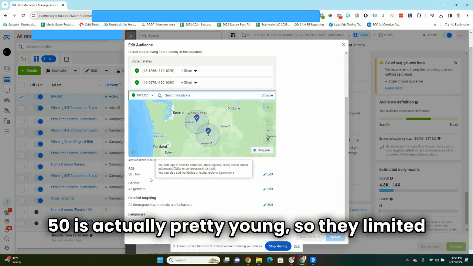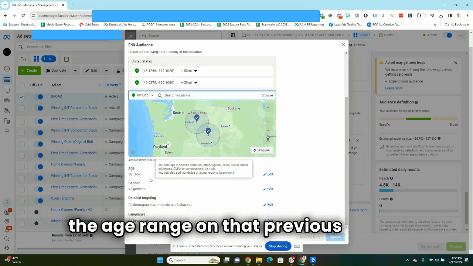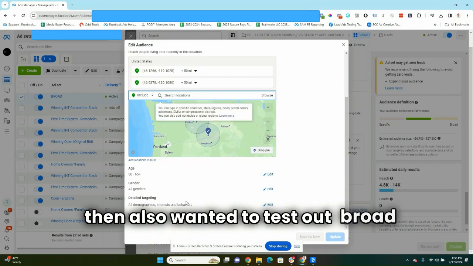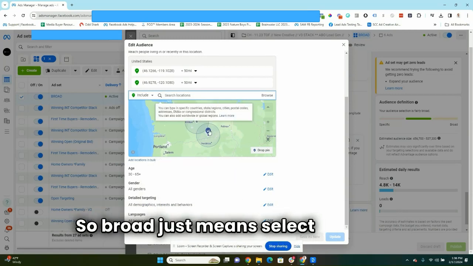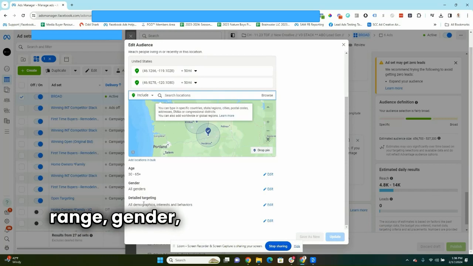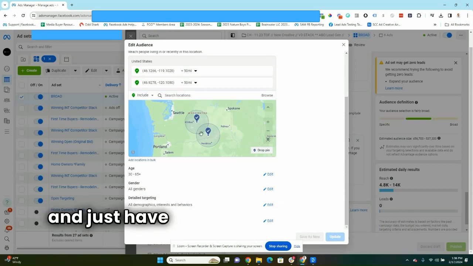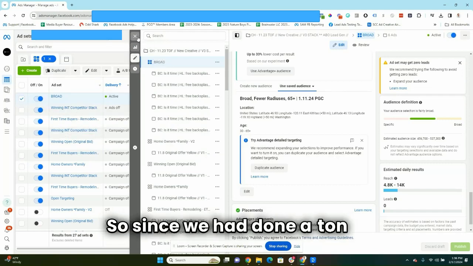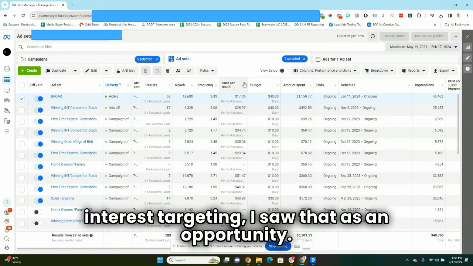So they limited the age range on that previous ad set, and I saw an opportunity there. I also wanted to test out broad targeting. Broad just means select your age range, gender, and not selecting anything here and just have your geographical targeting there. Since we had done a ton of interest targeting, I saw that as an opportunity.